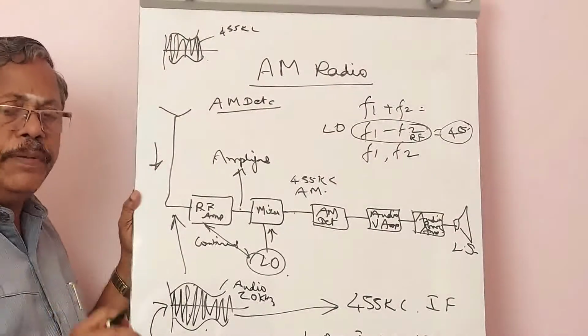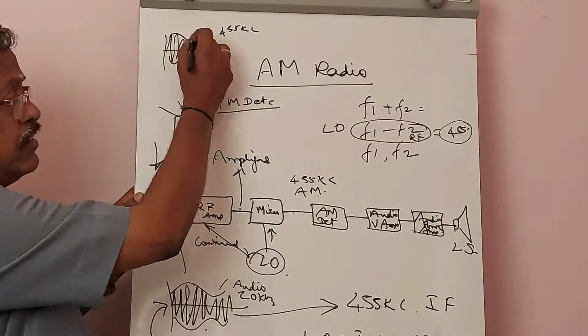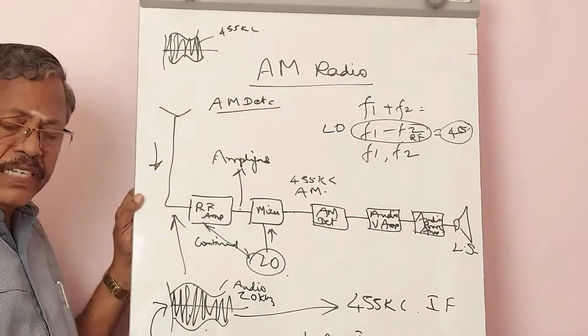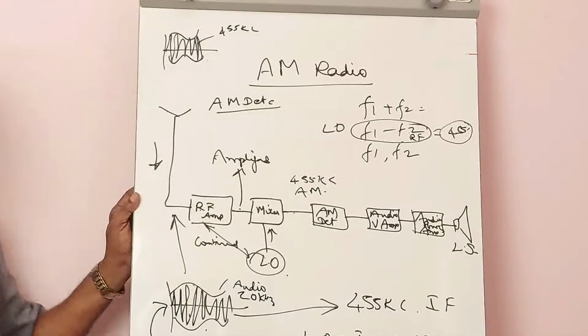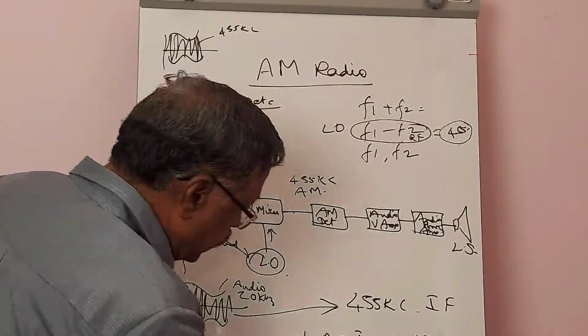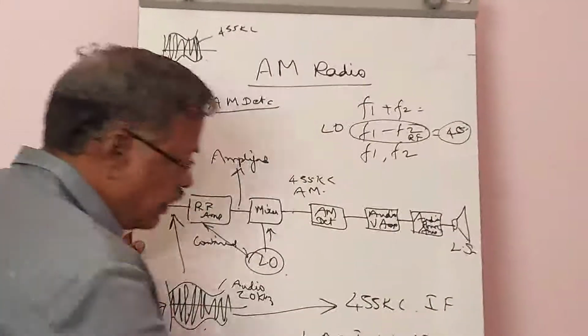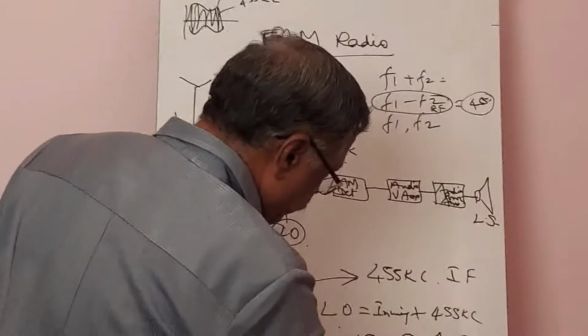The diode will be able to rectify the positive cycle of this. When it is rectifying and when you have a filtering circuit, then the envelope alone will lead to a waveform like this. This is the waveform, nothing but the audio signal.